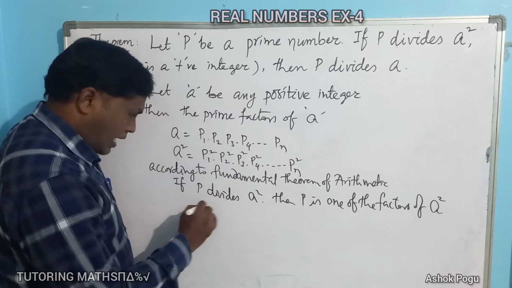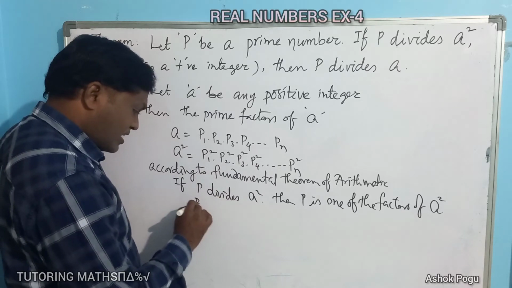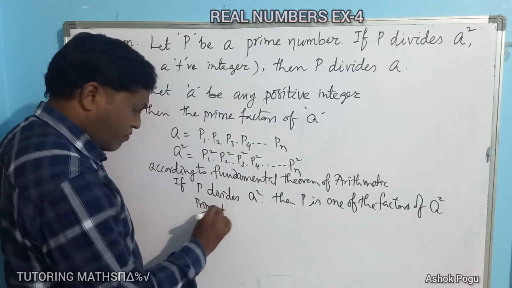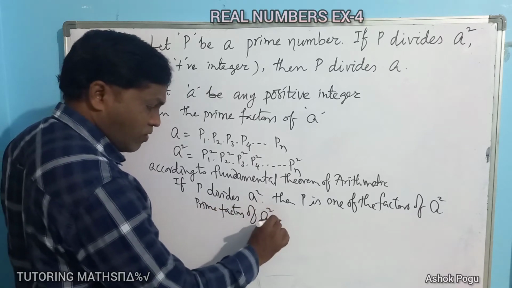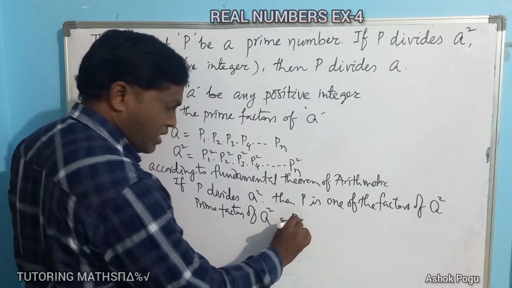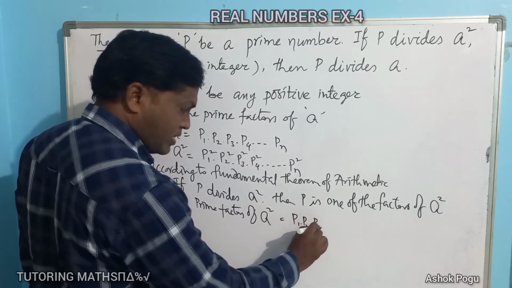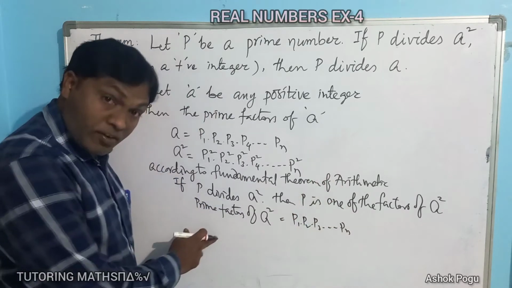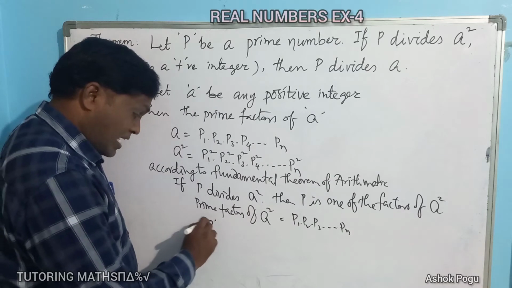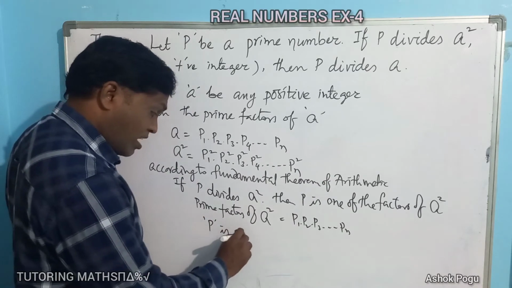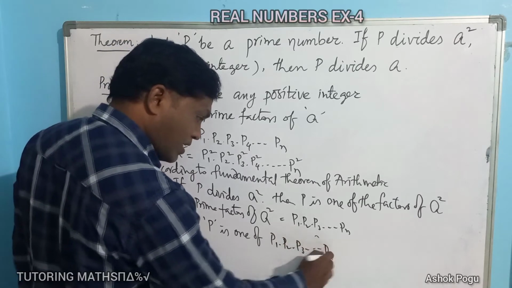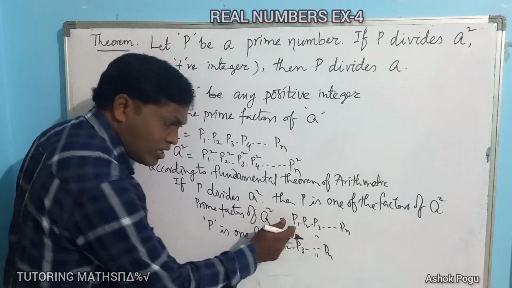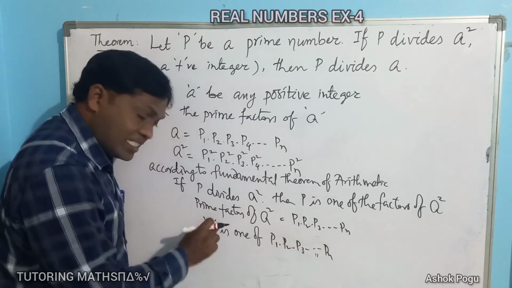Therefore the prime factors of a square will be p1, p2, p3 and so on. So p is one of p1, p2, p3 up to pn.